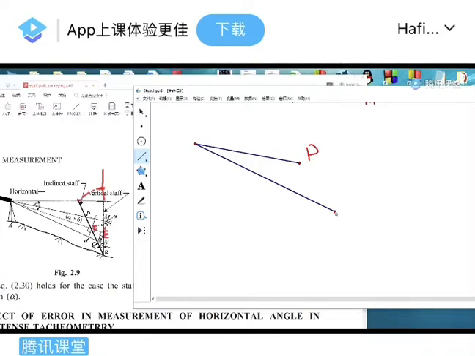Make it look more like this. Okay, and this one Q. This point is Q. This is P, this is Q. You will get information from the reading from this. The telescope will see the reading over here and here again.